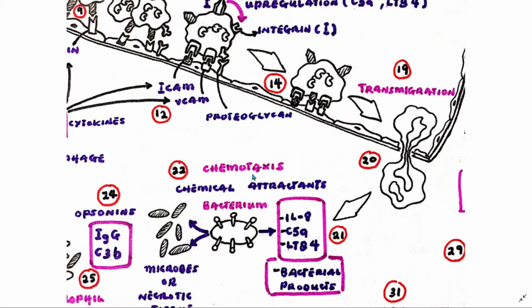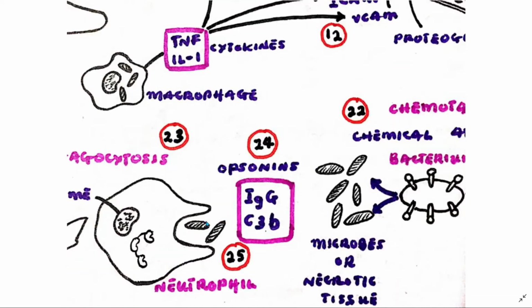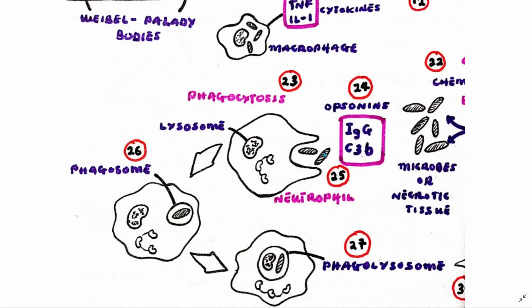Now, step 5 involves phagocytosis. Phagocytosis is the consumption of pathogens or necrotic tissue, and it is enhanced by opsonins. Now, these opsonins are immunoglobulin G, or IgG, and C3b, or complement 3b.